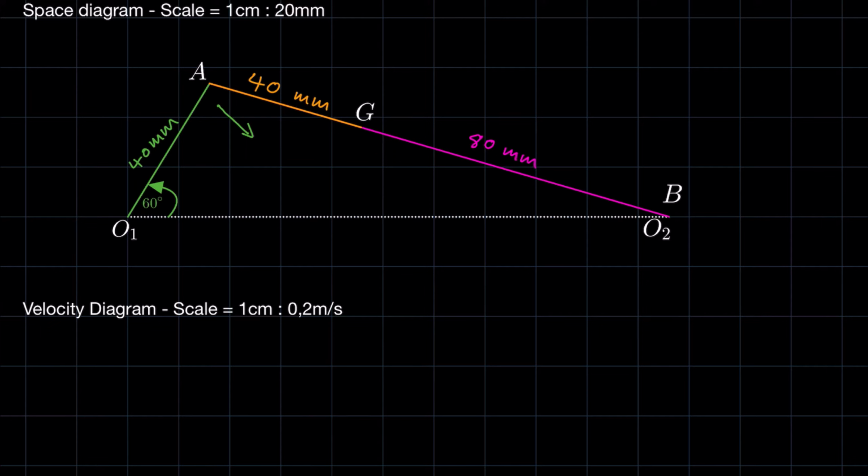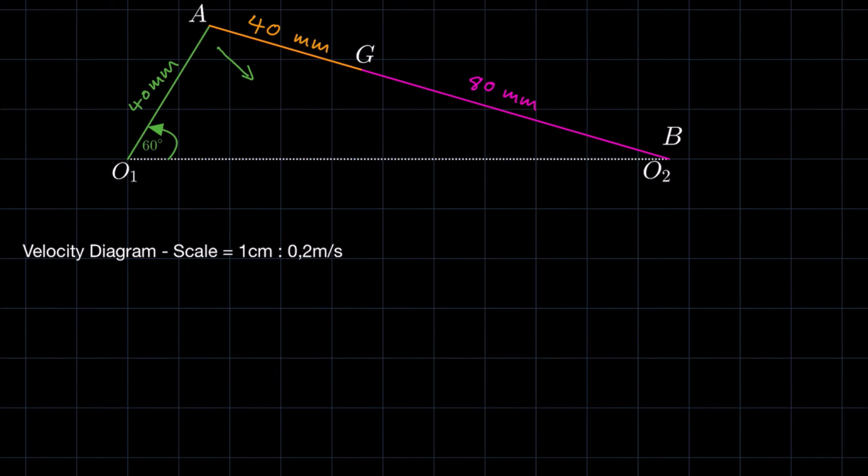Because we've established that the direction of the tangential velocity of the crank will be in this direction, we must place the point more to the left of your page. So you place the fixed point more to the left of the page. Very important.